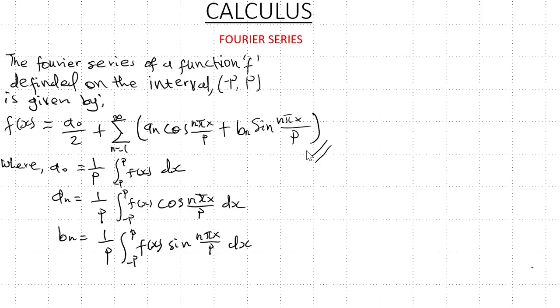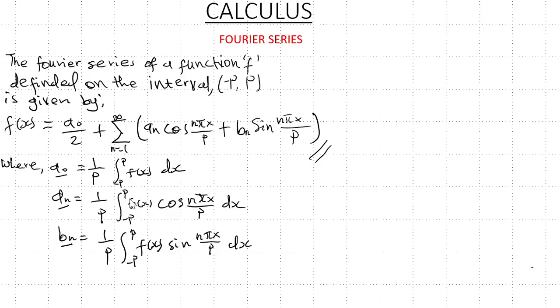In order to find a Fourier series, or expand an f of x as a Fourier series, you are going to find a naught, a subscript n, and b subscript n.